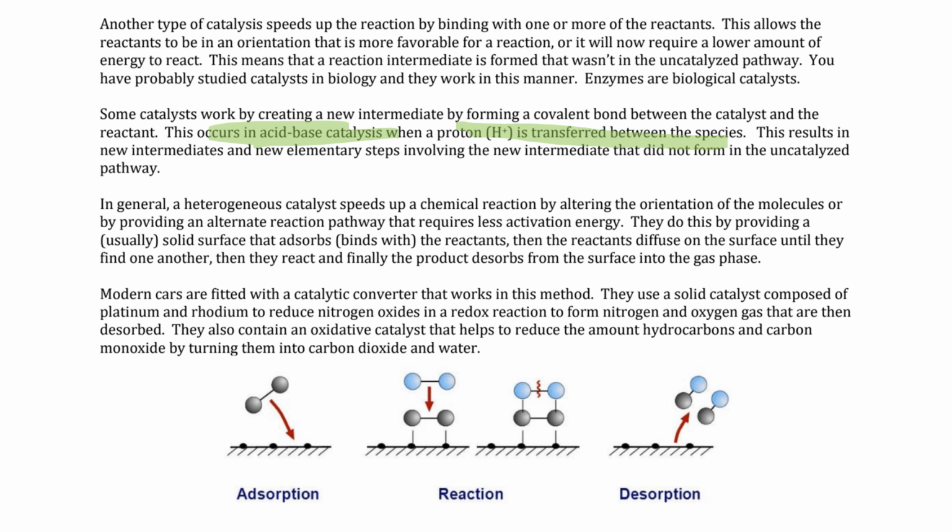In general, a heterogeneous catalyst speeds up the chemical reaction by altering the orientation of the molecules by providing an alternate reaction. So a heterogeneous catalyst alters the orientation of molecules, and a homogeneous catalyst provides a different chemical pathway.